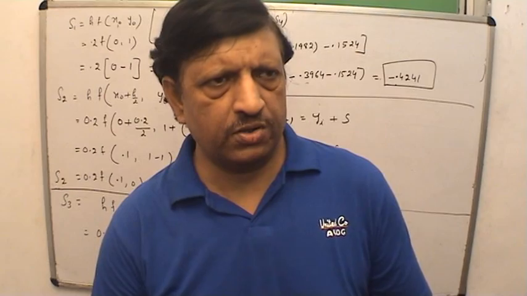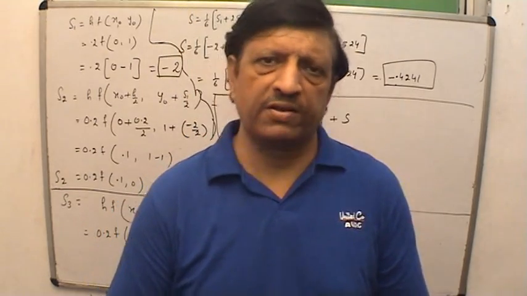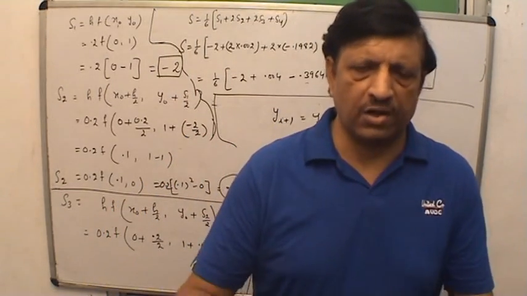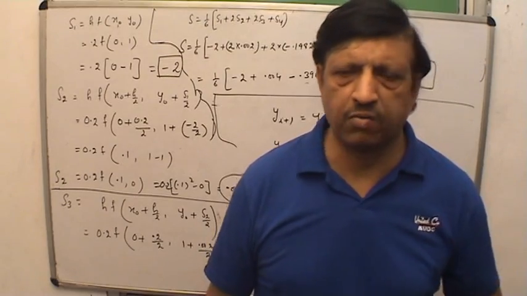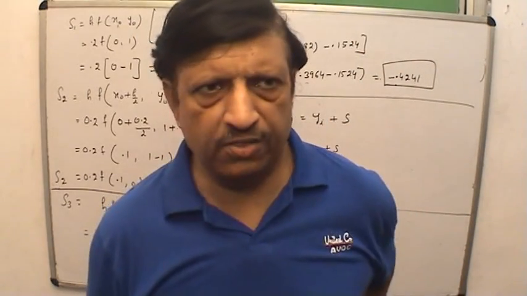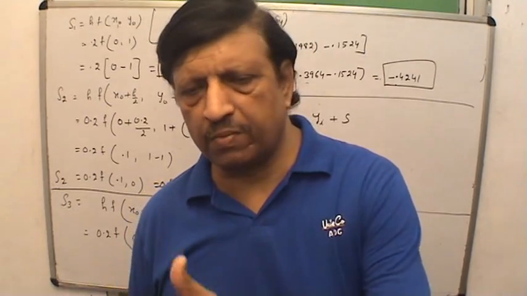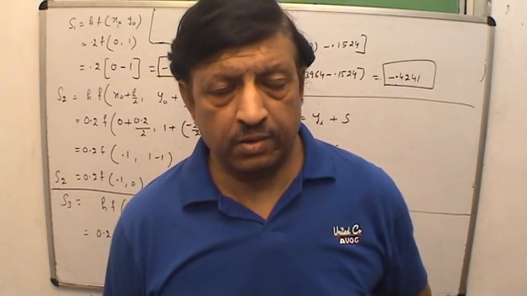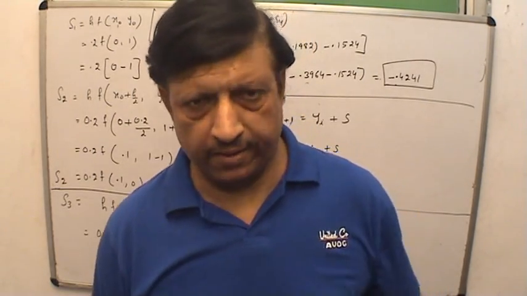In basic probability, we always discuss: if two coins are tossed, find the probability of coming head. If three coins are tossed, find the probability of coming head. That was simple probability.